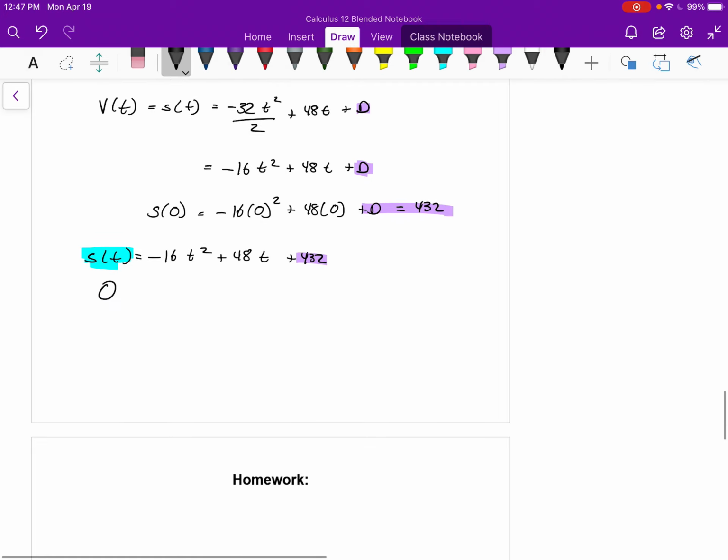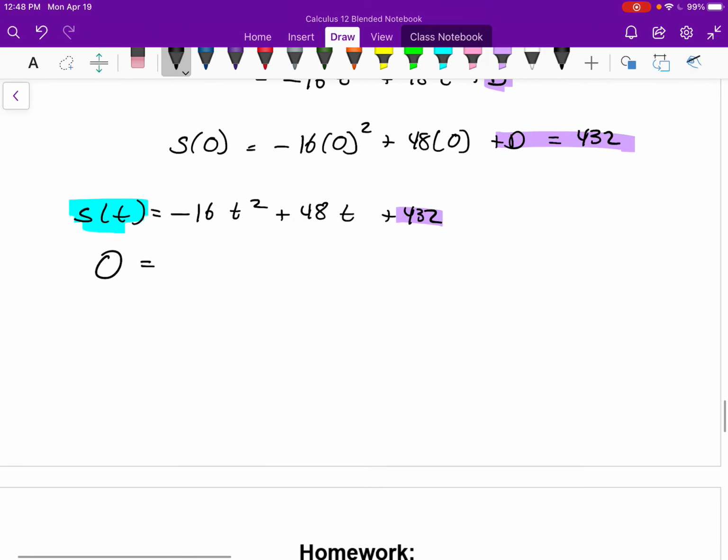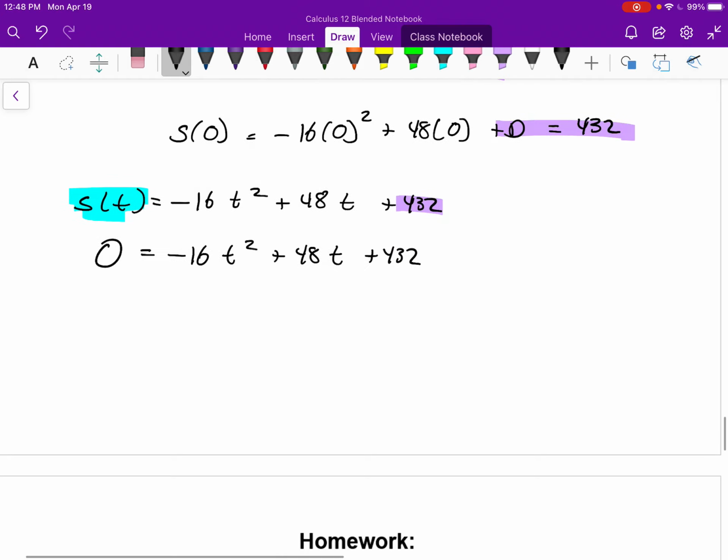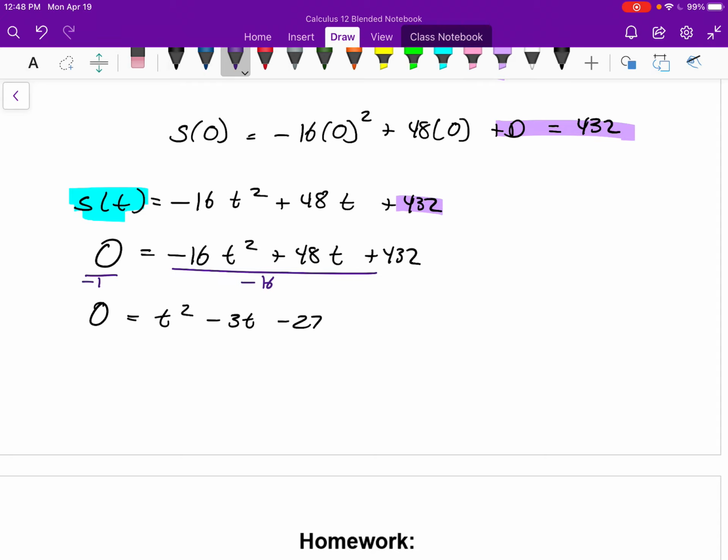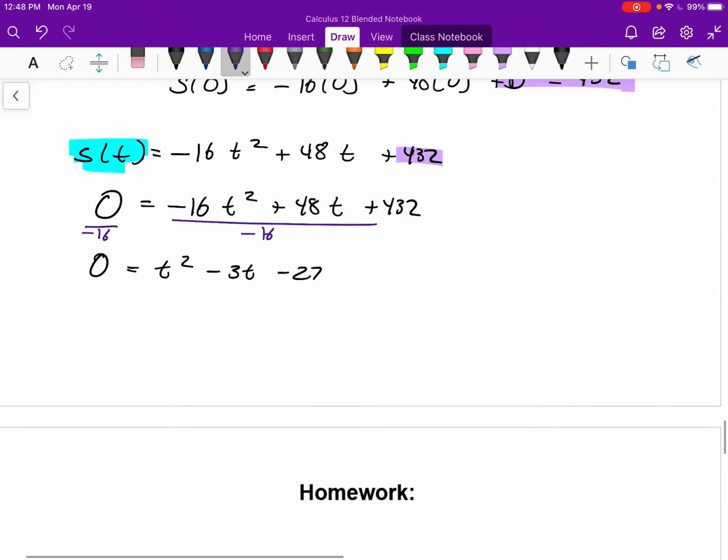And so 0 equals negative 16t squared plus 48t plus 432. And now we just have a quadratic function to solve. The good thing is you can divide both sides by negative 16. If you do that, you get t squared minus 3t minus 27 equals 0. This doesn't factor, but you can use the quadratic formula.